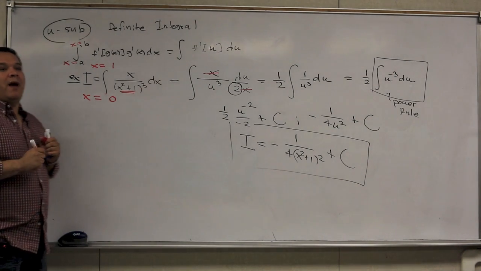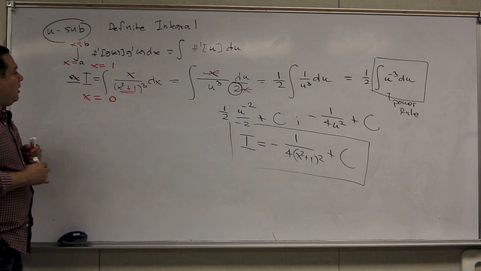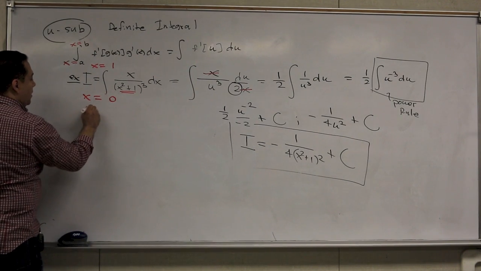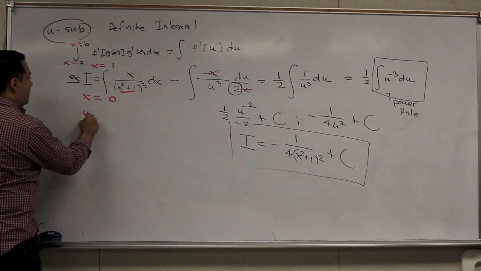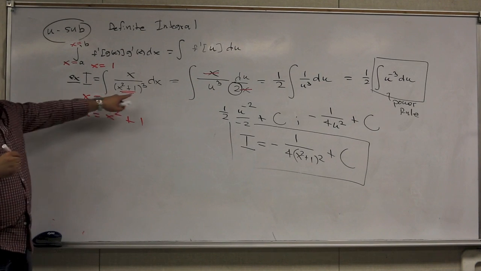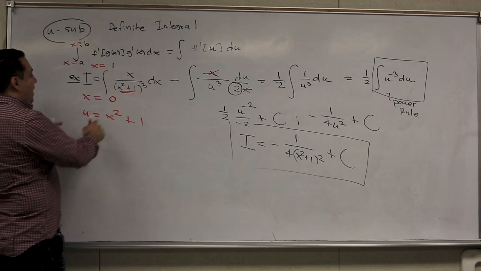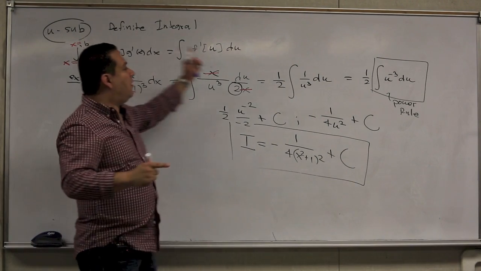So there's a couple of ways to go about this, just so you guys know, with these definite integrals. We said that we're going to let u be x squared plus 1 in our integration by parts, right? So what happens is when I convert this integral from a function of x to a function of what?